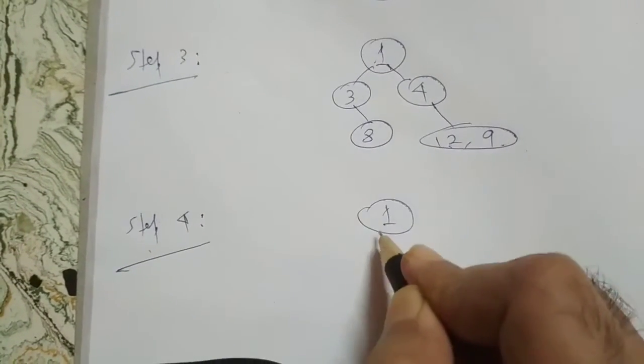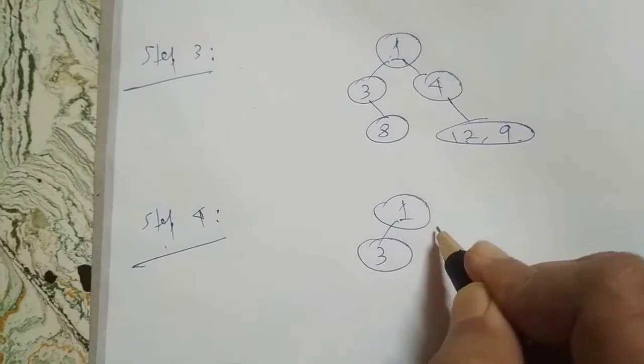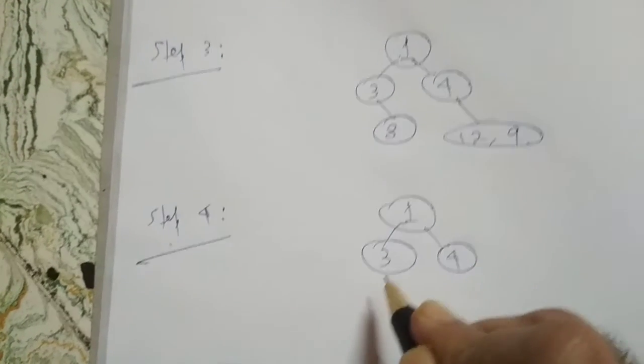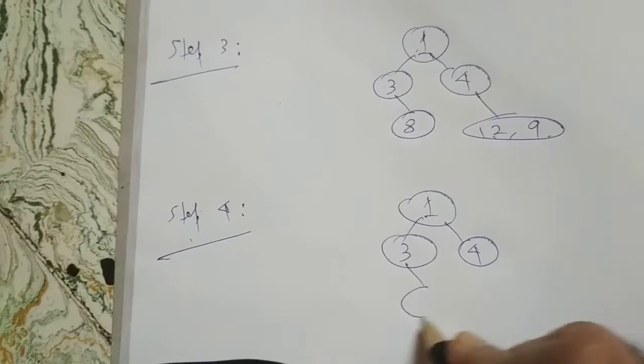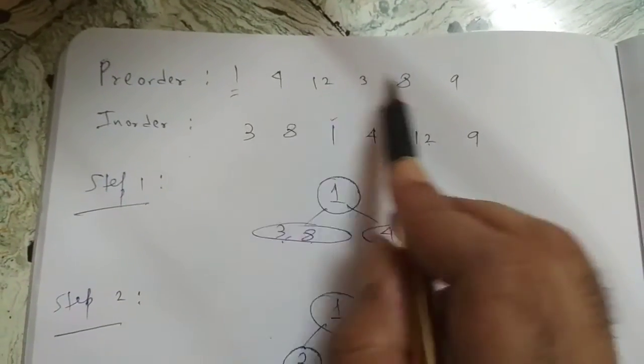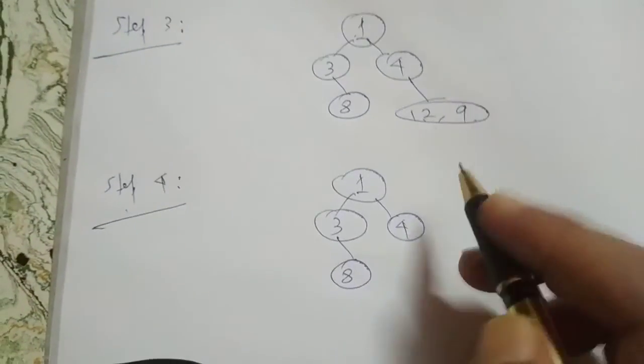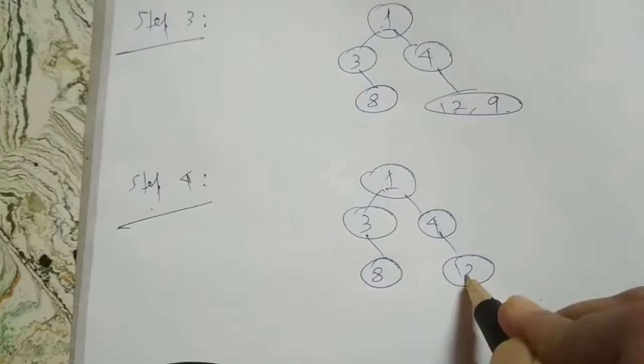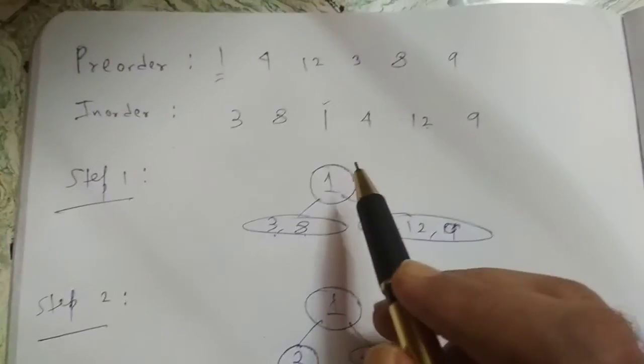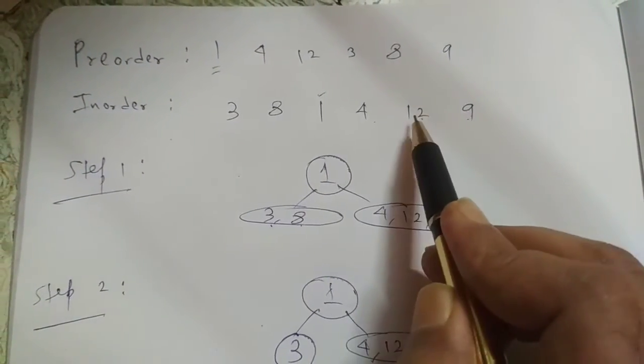Here, I'll just reconstruct the tree. I'll have 3 here, and I'll have 4 here. Now, 8 goes to the right of 3. Out of 12 and 9, in the pre-order list, 12 comes before. That means the root of this subtree will be 12. And what about the position of 9?